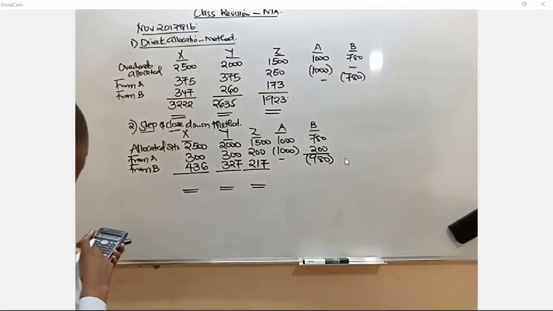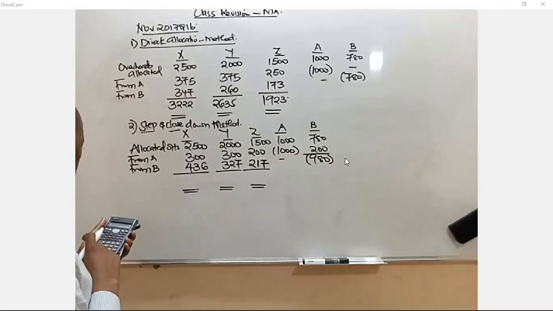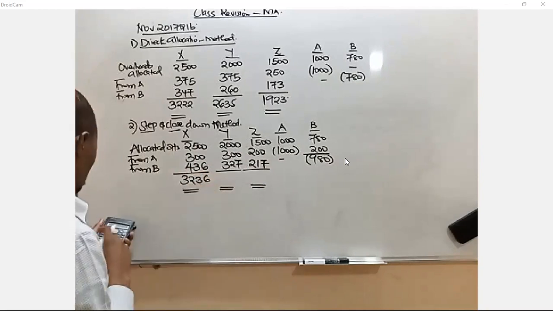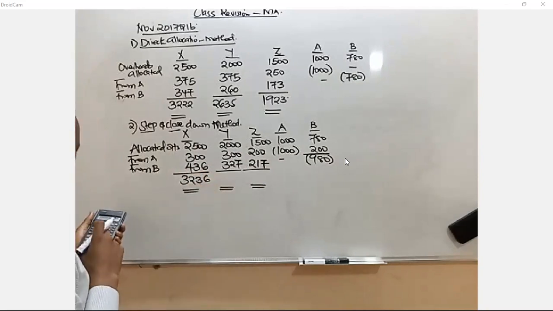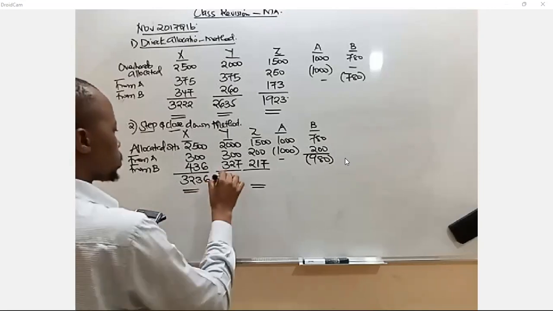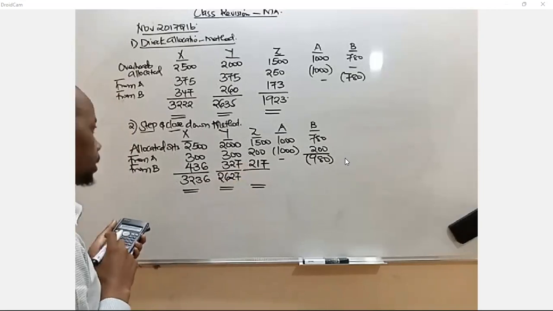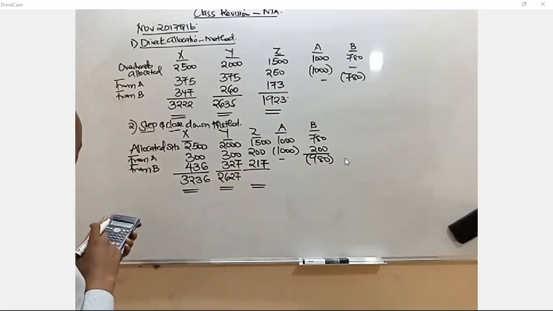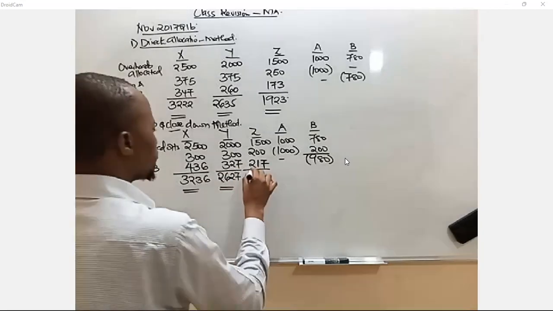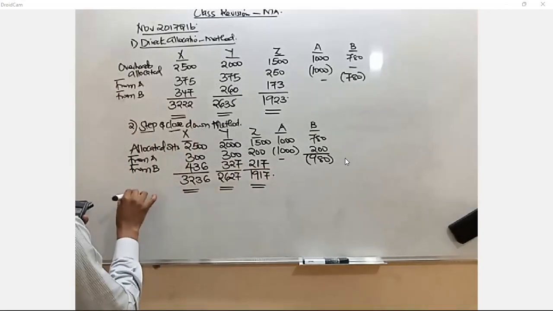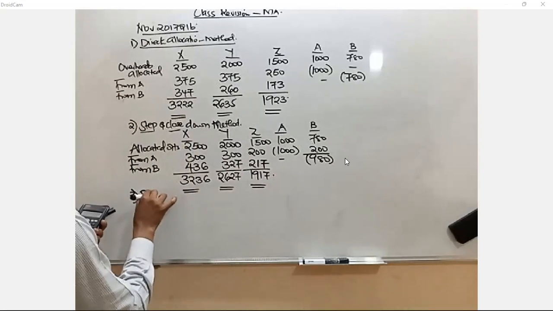So the first one will be 2,500 plus 300 plus 436, 3236. 2,000 plus 300 plus 327, we are getting 2627. Then we have 1,500 plus 417. Let me just put it in that manner. We get 1917.